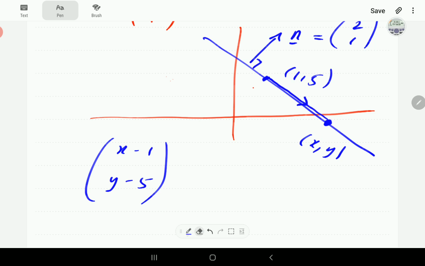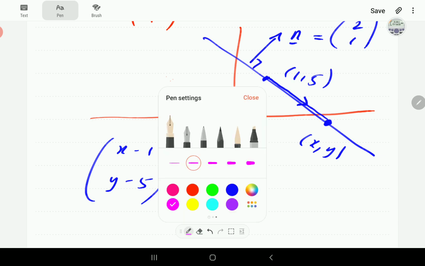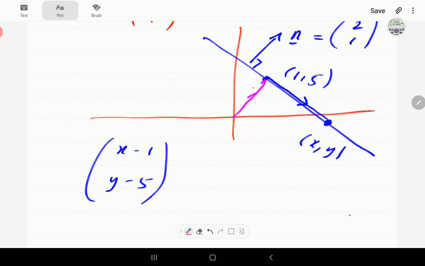Of course, that is simply the position vector of (x, y) minus the position vector of (1, 5), which we just called r naught. But the point we're driving at is that this vector here is perpendicular to this vector.